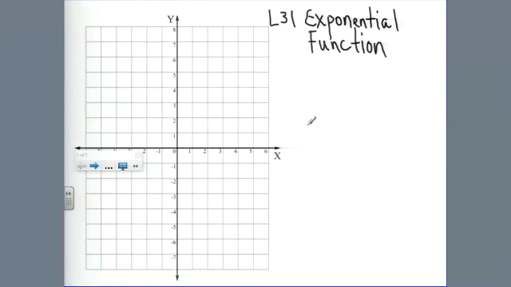You will have a function with a base that's being raised to some type of power, whether it's a positive or negative exponent. So that's the general form here. And let's look at this first function that we need to graph.